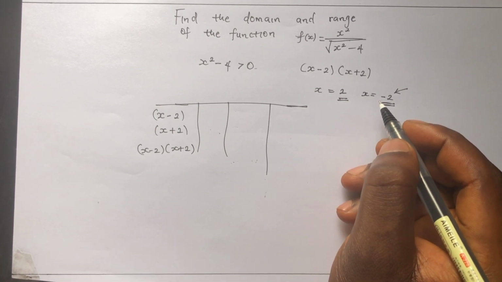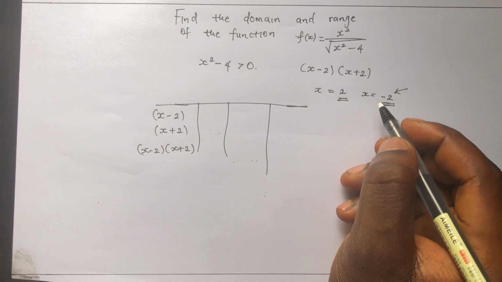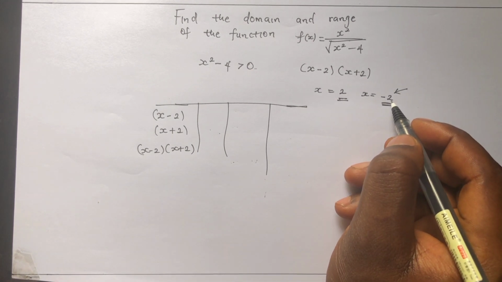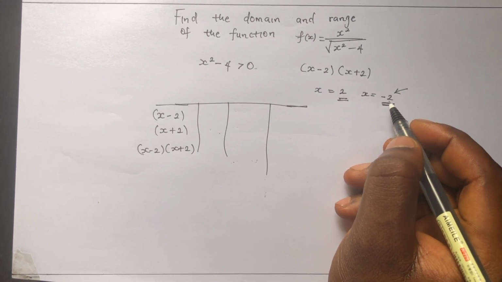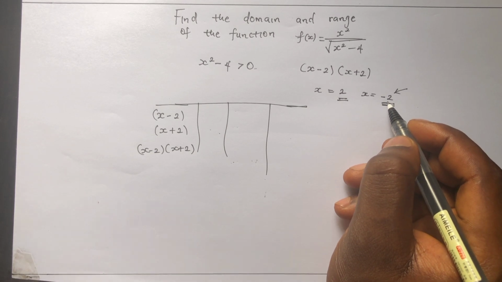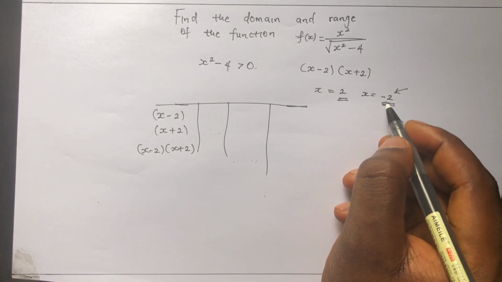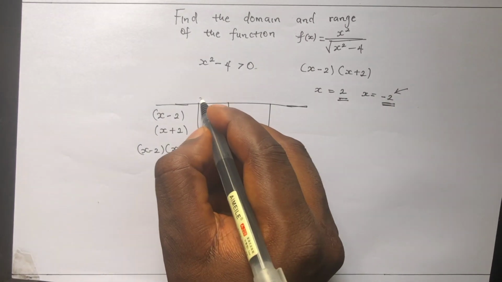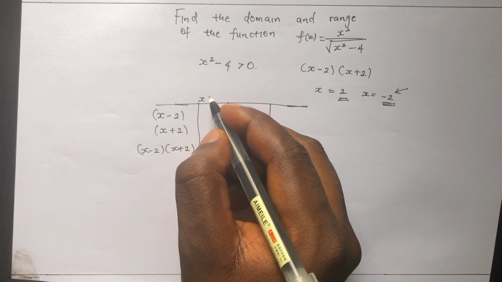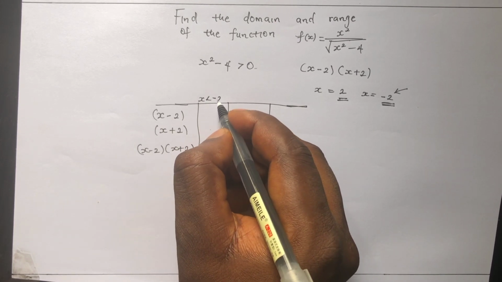Now, we're going to assume a value for x from negative infinity, a value less than negative 2, the smallest value of our turning point. And so we have when x is less than negative 2.